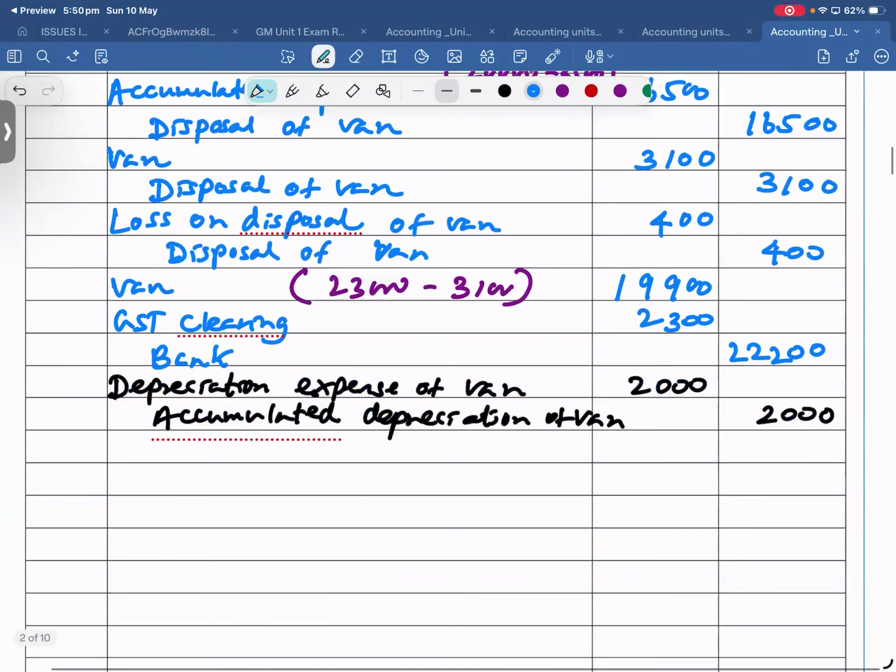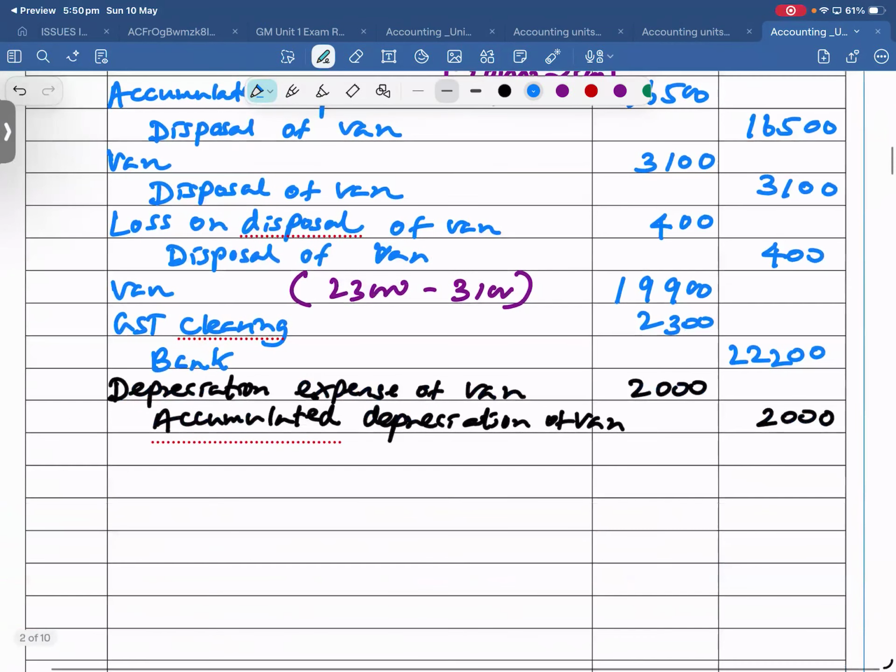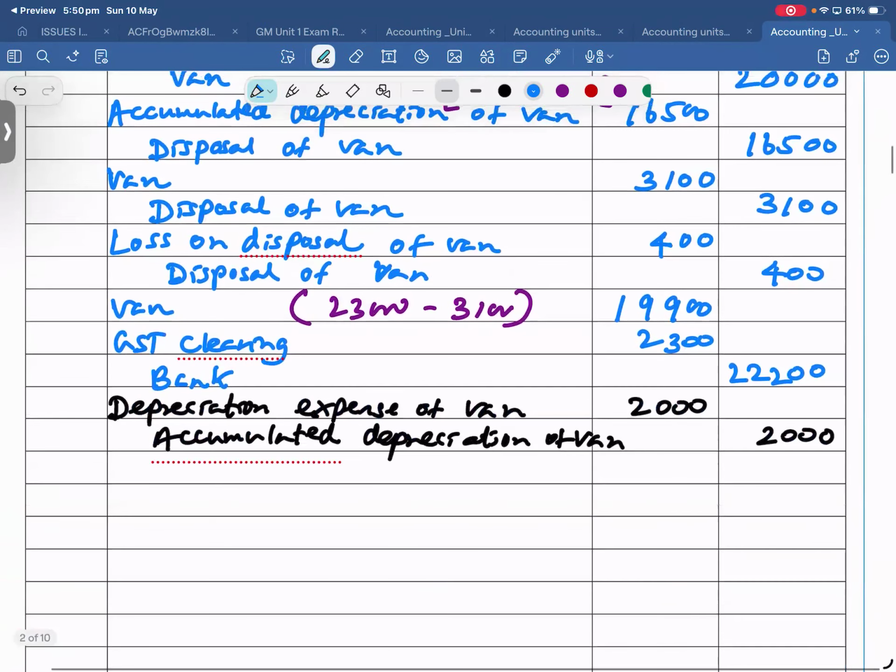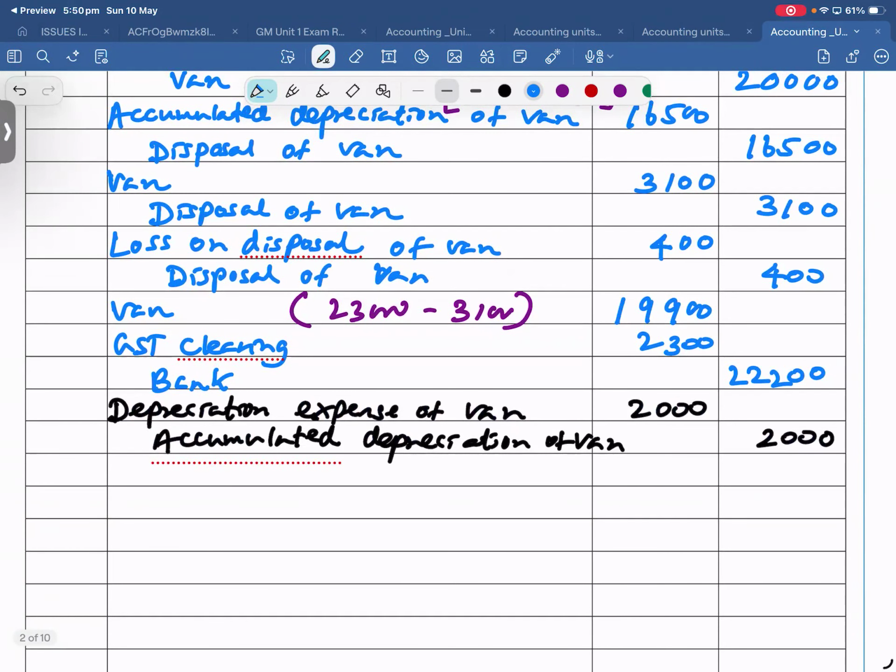Okay, that means every transaction is a balance day adjustment? No, not every transaction. It could occur at any time, but that doesn't mean it's a balance day adjustment. If it was on the last day of the period and no record has happened, that's the balance day. No, that's wrong.